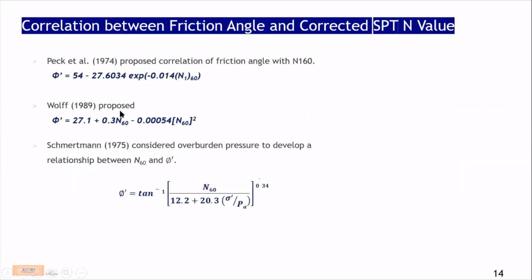Also, Peck 1974 gave this relationship relating N160 with friction angle. Wolff 1989 proposed correlating the N60 value with friction angle. Schmertmann 1975 correlated the N60 value along with the overburden pressure to determine the friction angle.